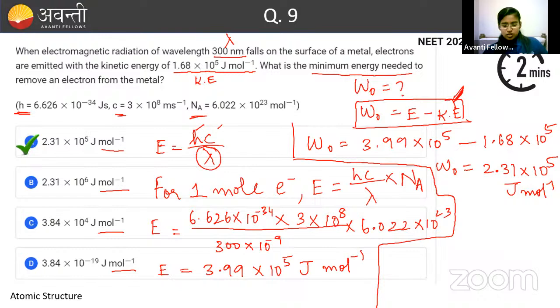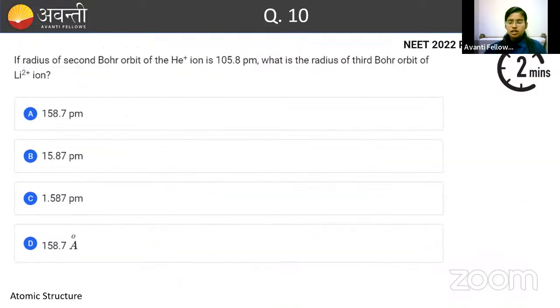The next question, number 10, is: if the radius of the second Bohr orbit of the helium plus ion is 105.8 picometer, what is the radius of the third Bohr orbit of the lithium 2 plus ion? We are provided with two ions: one is helium plus and the other is lithium 2 plus.